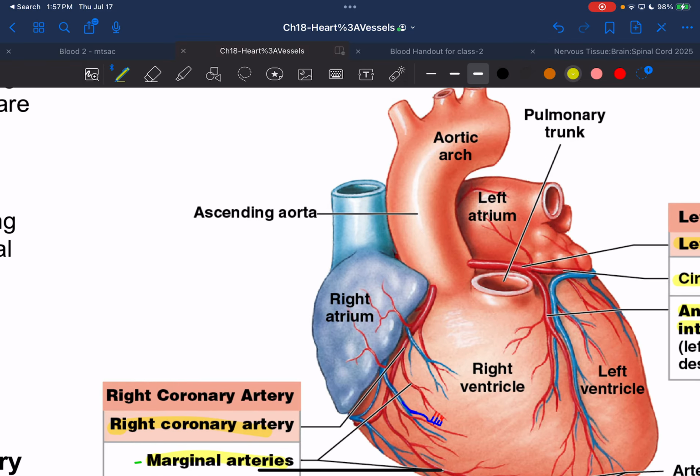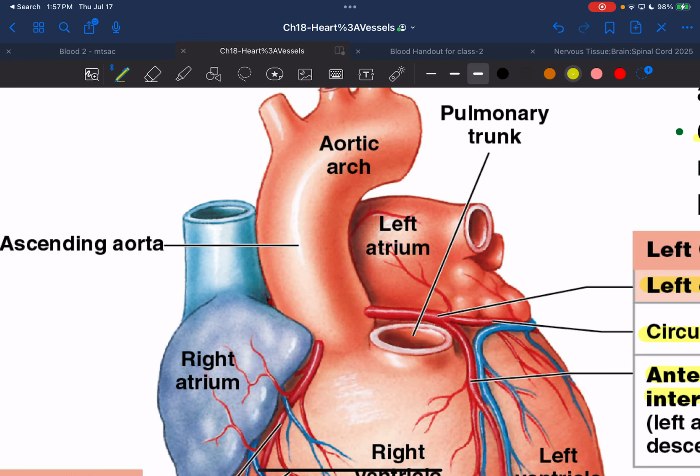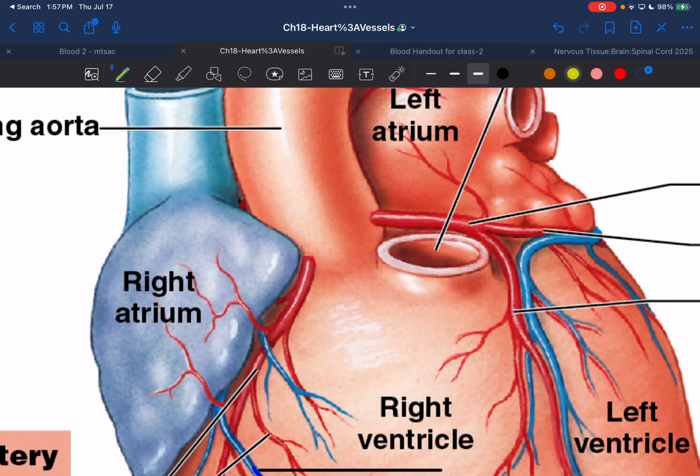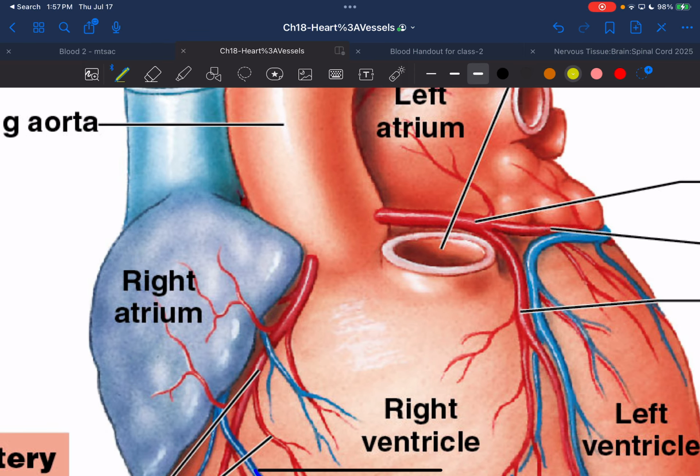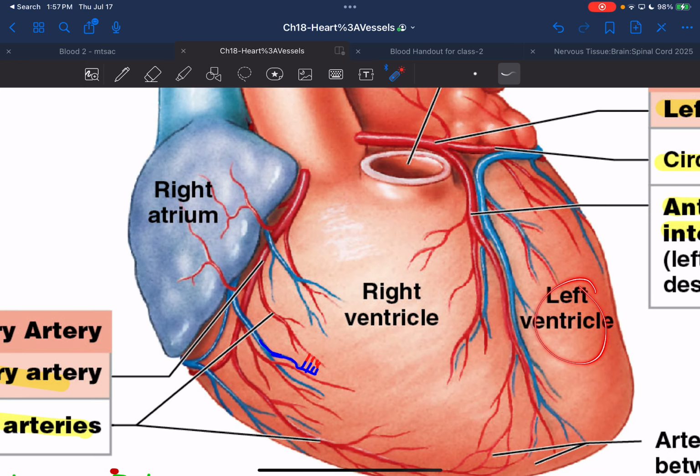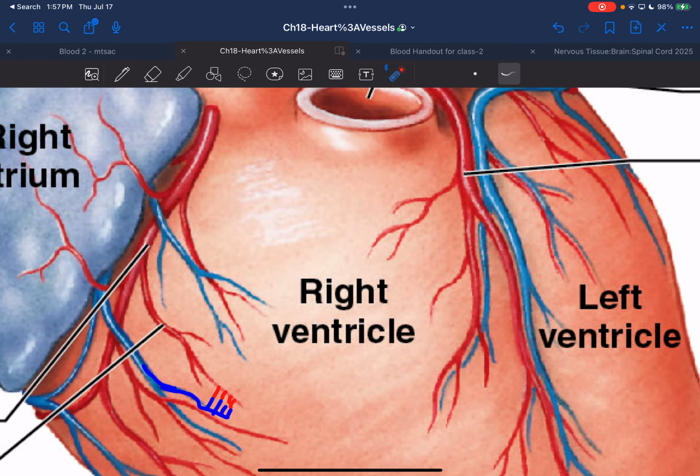And so we start with the aorta. Remember that the aorta is going to send blood to the entire body. It's an artery sending oxygenated blood away from the heart. Now, if you look very closely at the base of that aorta, you will see two blood vessels that exit right out of that aorta, and they are going to send oxygenated blood to all of these cardiac muscle cells.